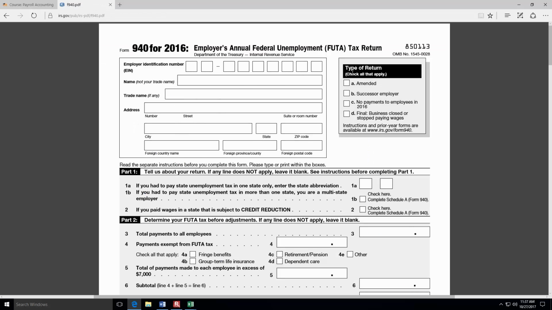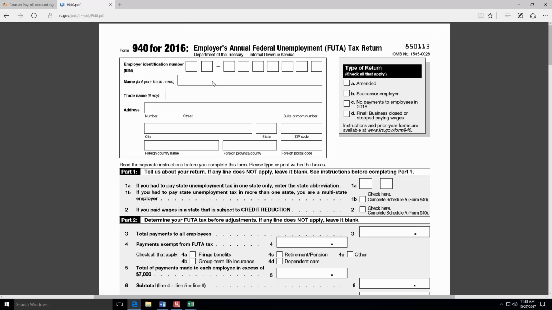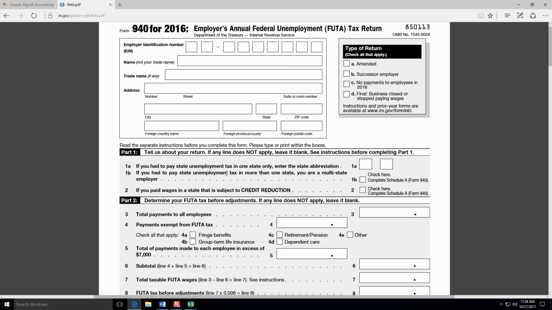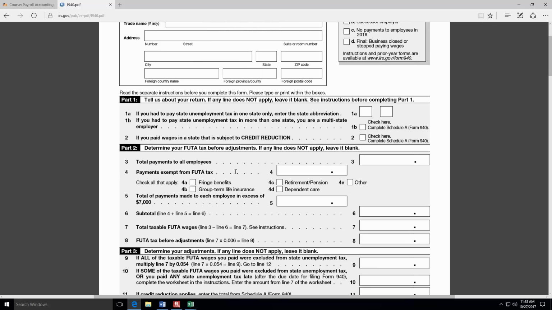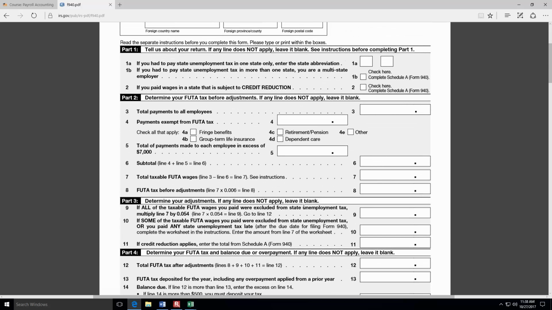Right, so you can put the EIN up here, the name, the state you paid it to. And you get that little top filled in.